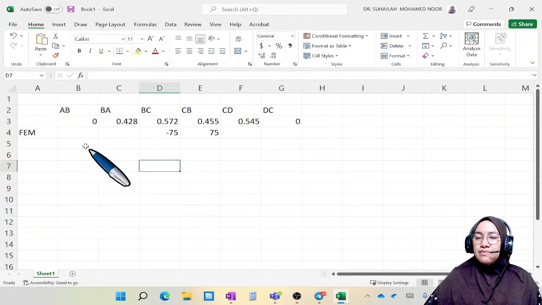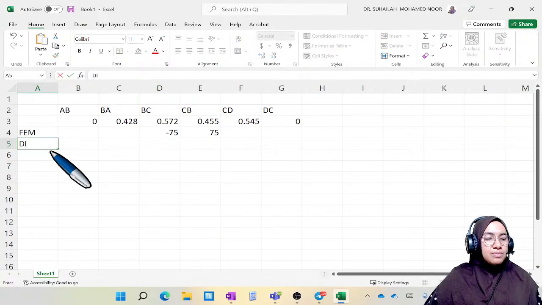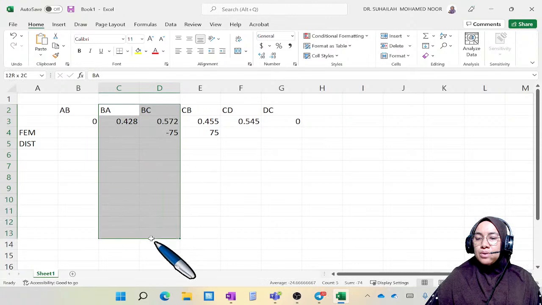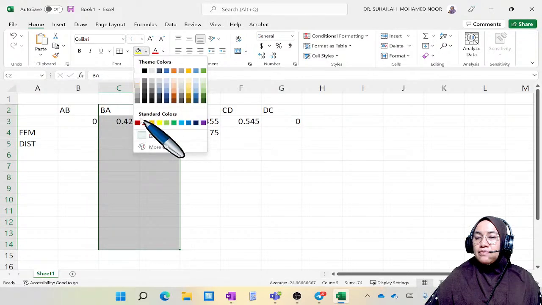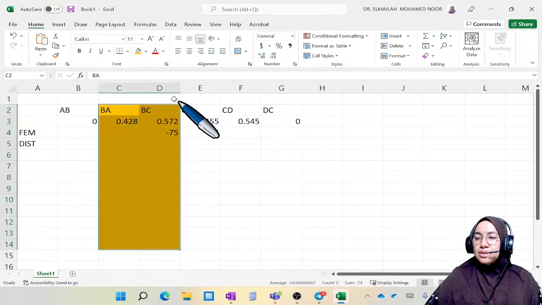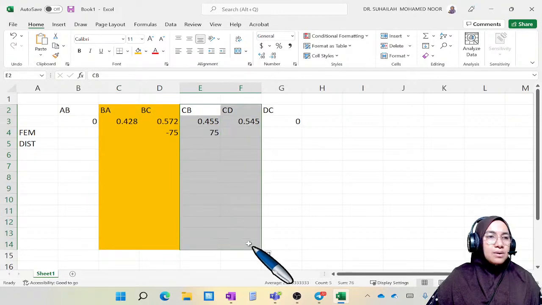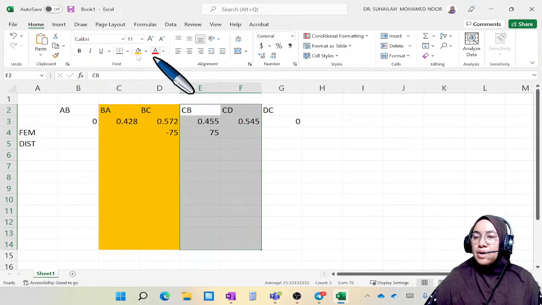So the first distribution will be, okay, I want to put different color for different joint. So this is for joint B. Okay, this is for joint C.